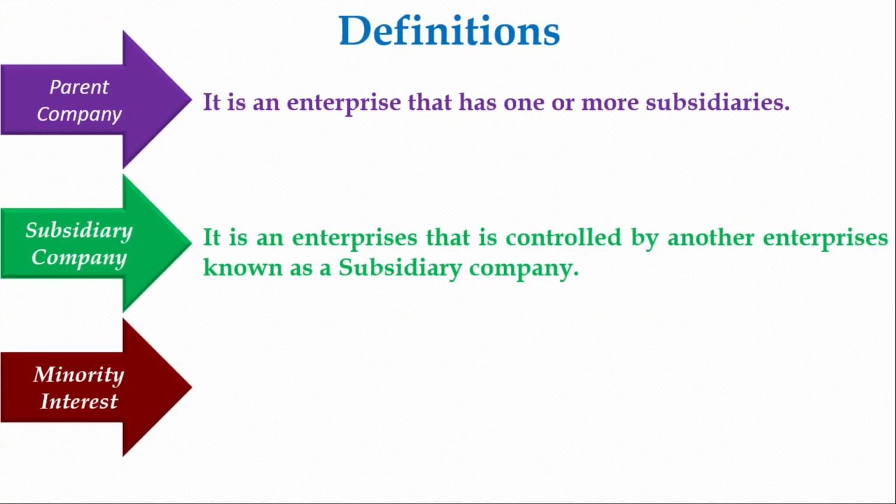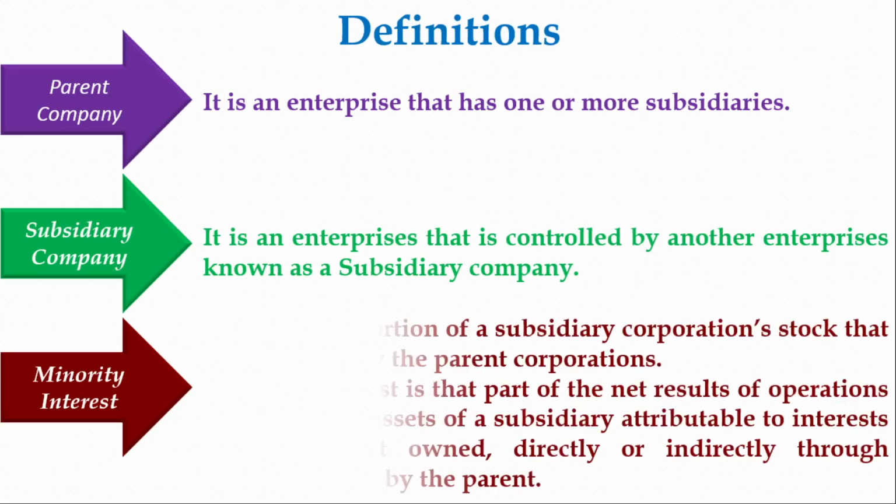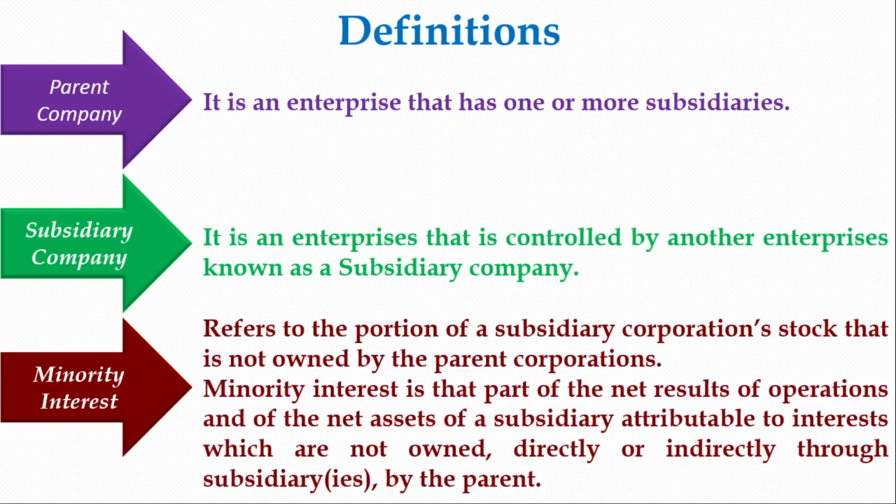The third one, the most important concept in this chapter, or we can say in consolidated financial statements, is minority interest. In the case of holding and subsidiary company, the minority interest plays a vital role, and as you can see here, it refers to the portion of a subsidiary corporation's stock that is not owned by the parent corporation. Say for example, I am explaining one example about that. Say A Limited was there, and A Limited is held by B Limited. So there are 1 lakh shares of A Limited.